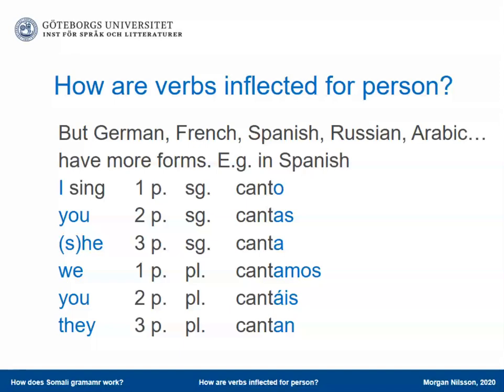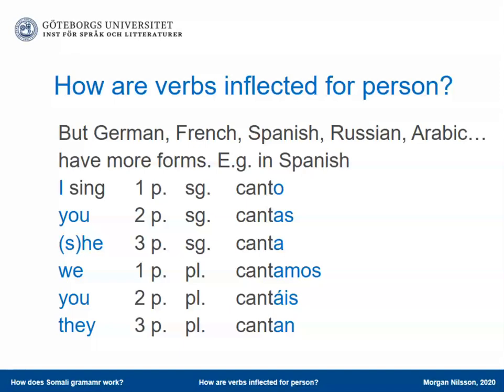So if the verb refers to I, it will end in O, and if it refers to you in the singular, this kind of verb would end in as, and he, she makes the verb end in a, and so on.